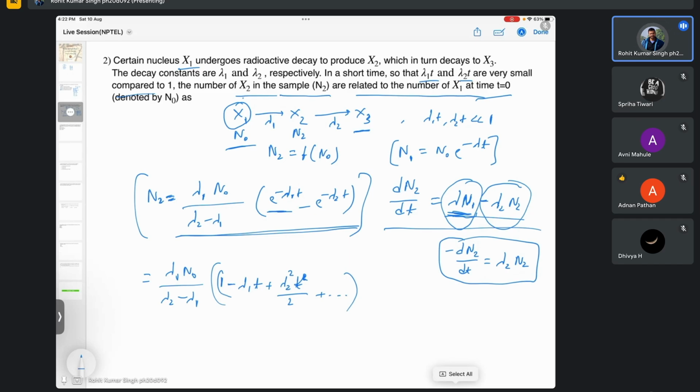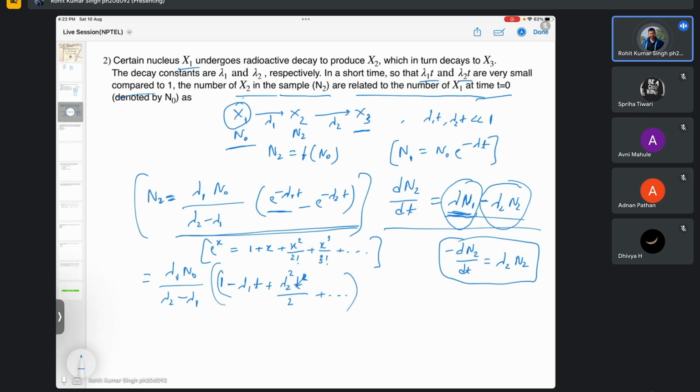Let me write the general expression: if you have an exponential like this, it can be expanded as 1 plus x plus x square by 2 factorial plus x cube by 3 factorial, and like this. That's what I have used here.